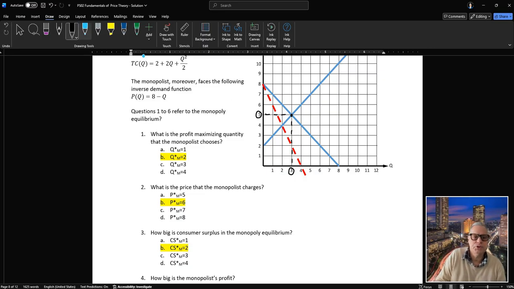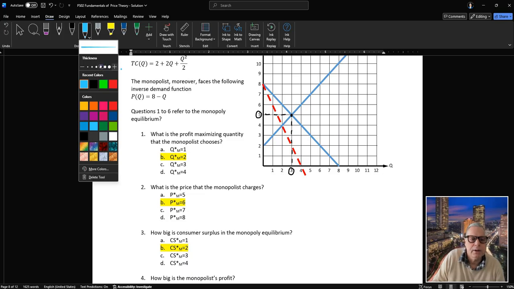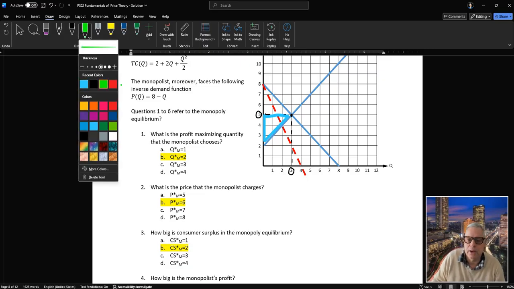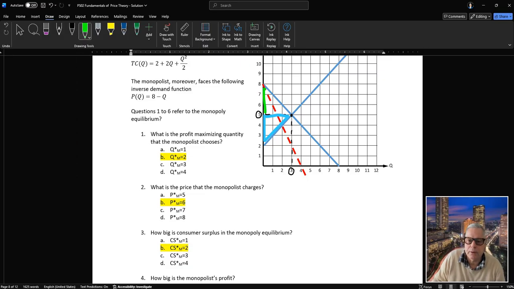And producer surplus would be this triangle here, 3 times 3 over 2, 4.5, and likewise consumer surplus would be this area, also 4.5.